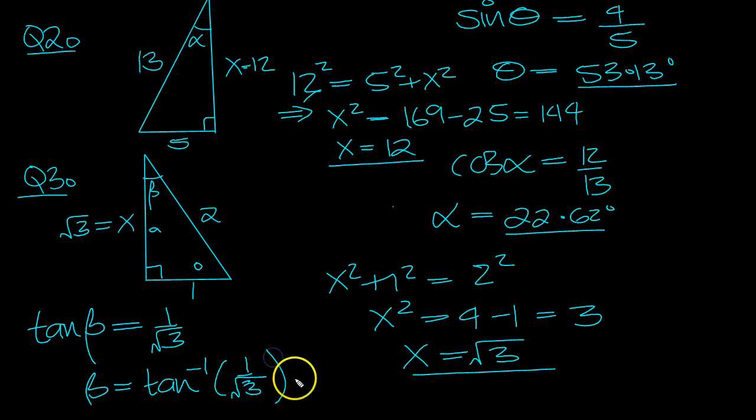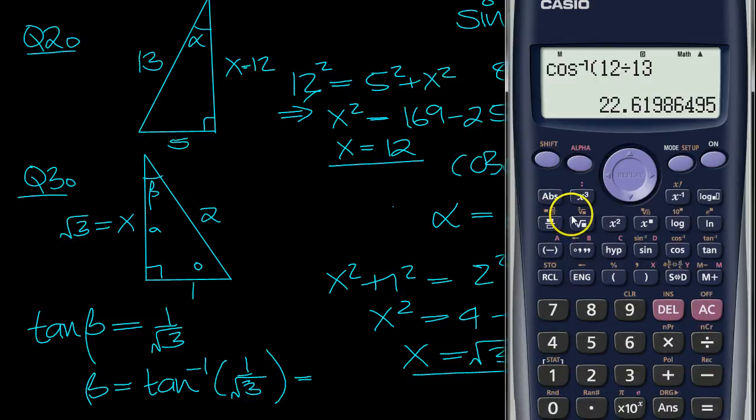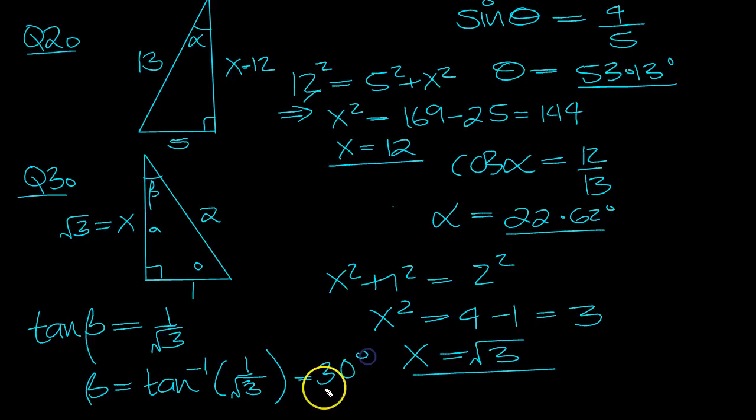That's what we work out in the calculator. So shift tan, 1 divided by the square root of 3, outside the square root, put a bracket for the shift tan, 30 degrees. Okay, so that's that done.